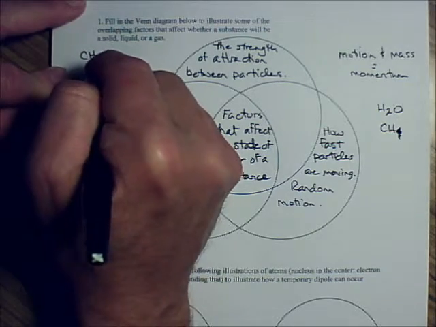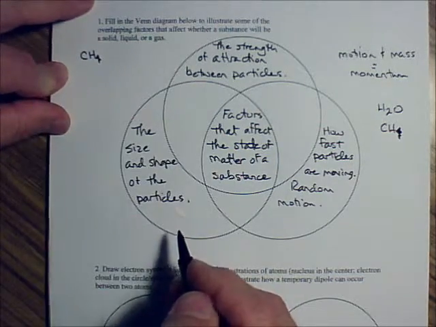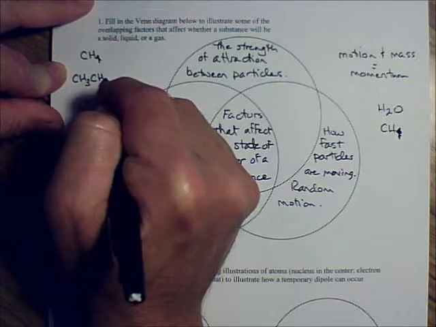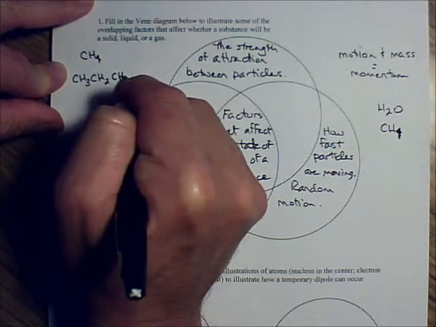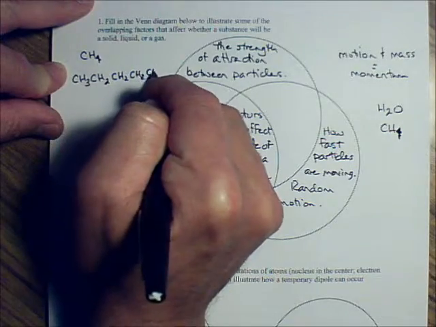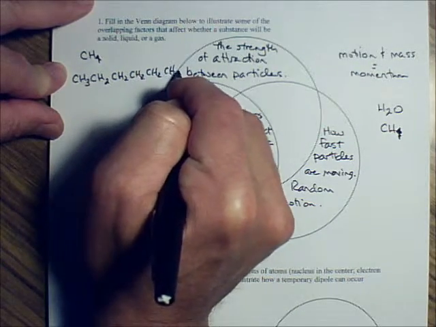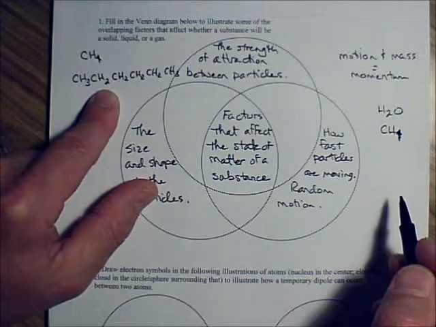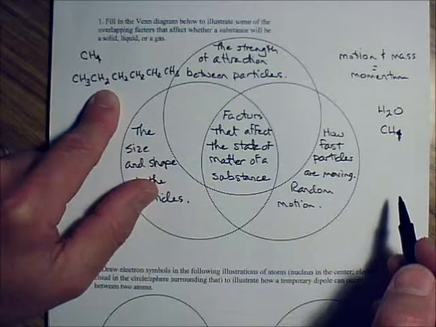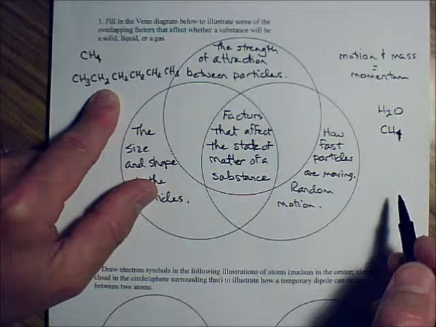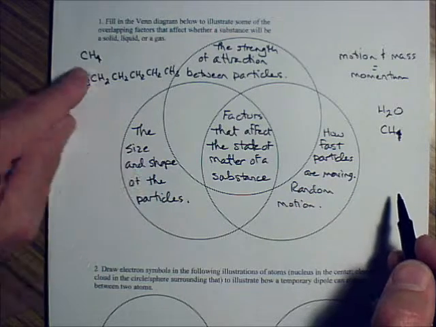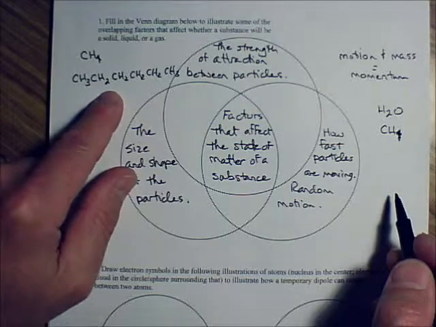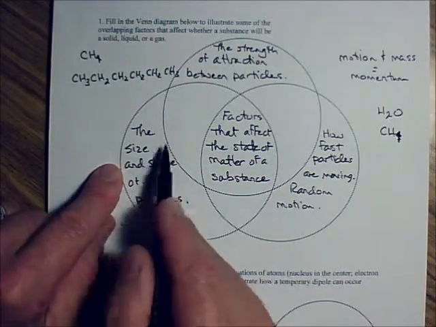It's a gas at room temperature and pressure. But a molecule like this, which is just as nonpolar, would be a liquid at room temperature and pressure because of its size and shape. Okay? So this is a gas at room temperature and pressure, and this is a liquid at room temperature and pressure. All because of the size and shape.